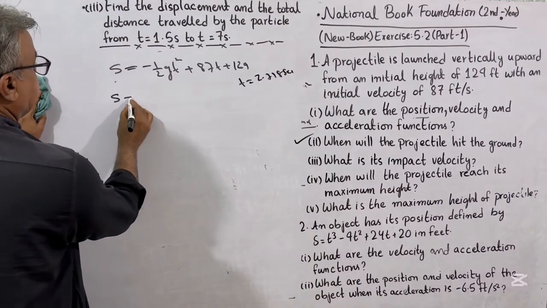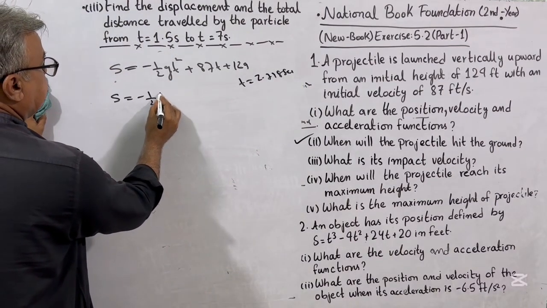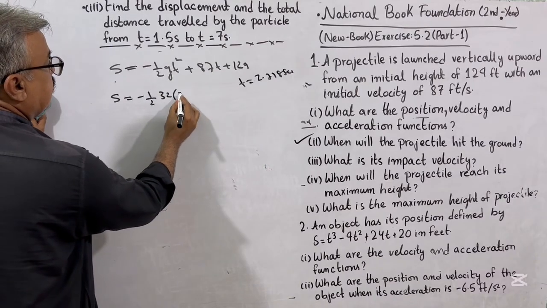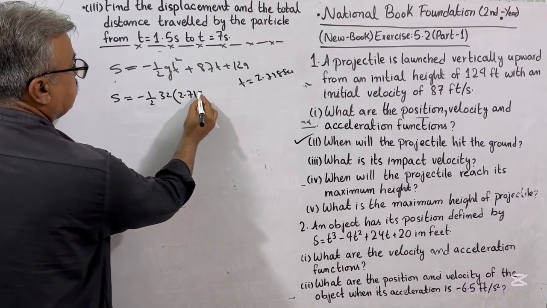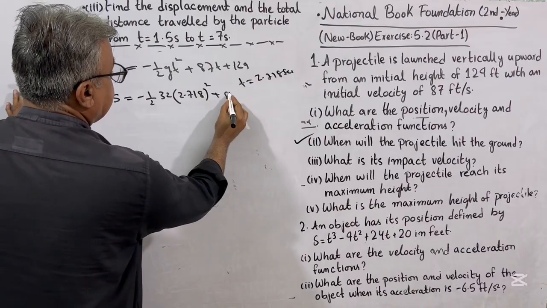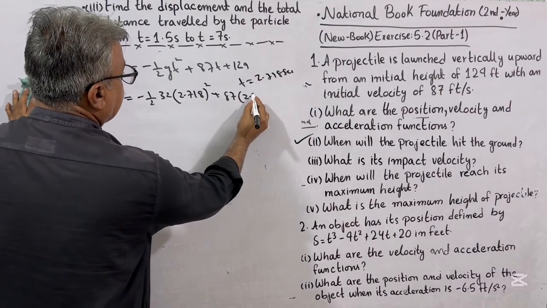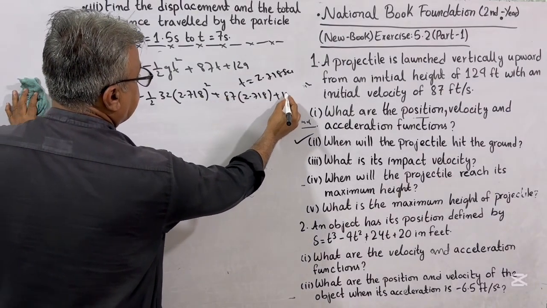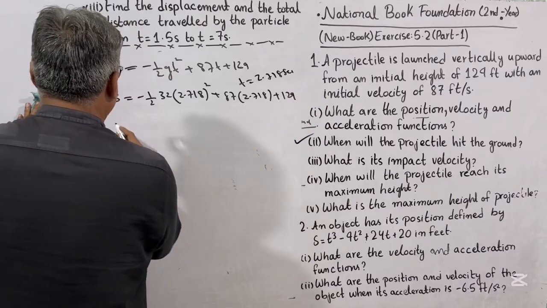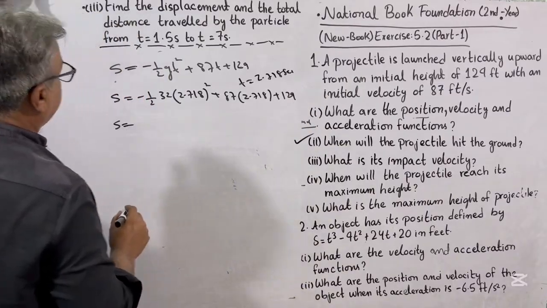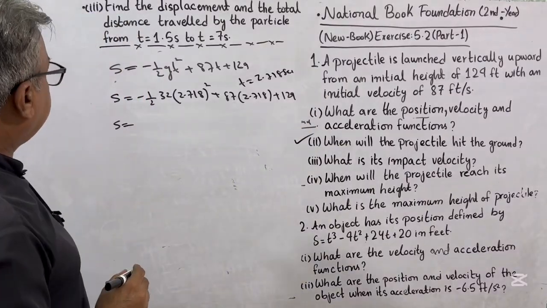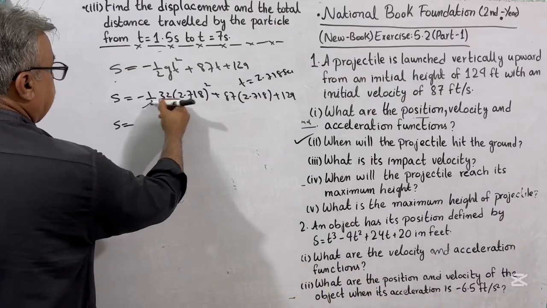So we have s is equal to negative 1 over 2 times g, which is 32, times our time 2.718 squared, plus 87 times 2.718, plus 129. That is the maximum height reached by the projectile. It will become 16.